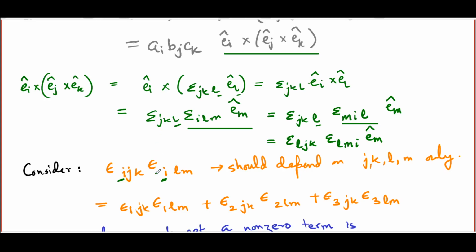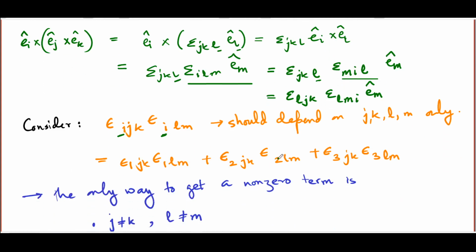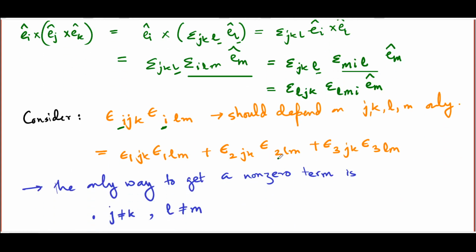The only way in which you can get any one term here not to be zero is the following. I've already said that j cannot be equal to k and l cannot be equal to m. But in addition, you must realize that if, for example, this term is to be non-zero, jk has to be 2, 3 or 3, 2. But then, epsilon 1 lm, which is multiplied by it, also must be non-zero, and therefore the only way you can get a non-zero product here is jk has to be 2, 3 or 3, 2, and lm also has to be the same set, 2, 3 or 3, 2.